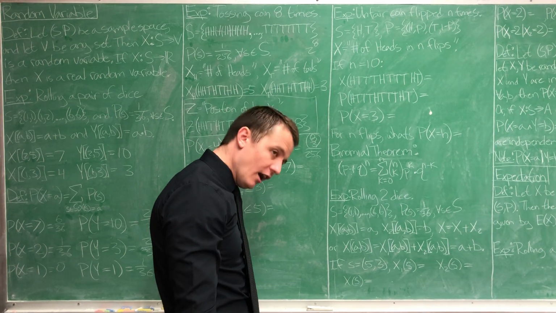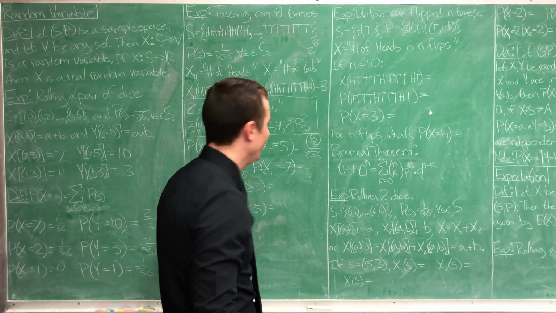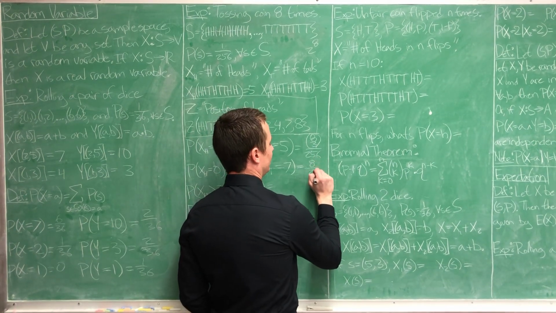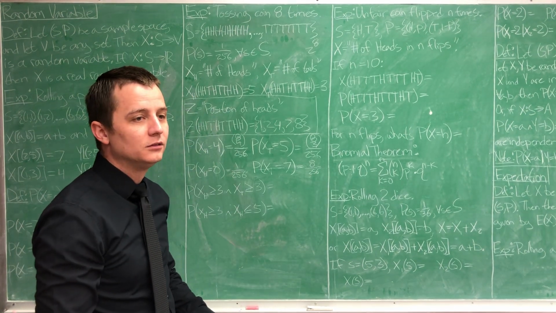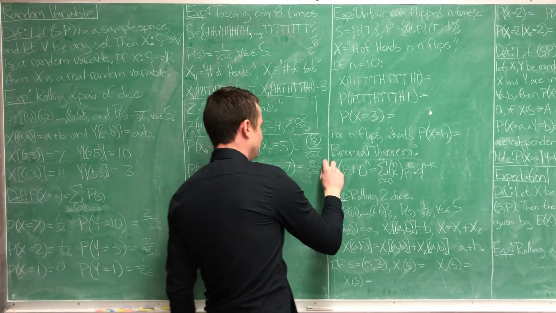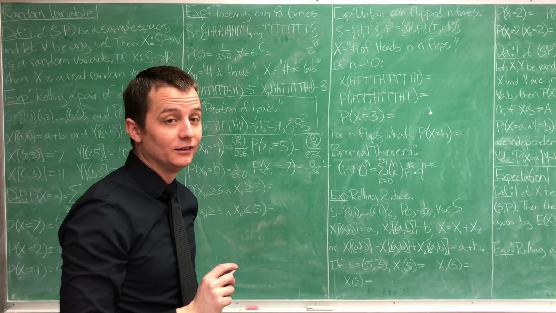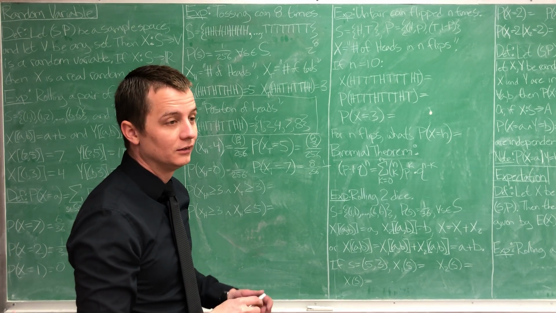How many 1 element subsets can I create from an 8 element set? 8. So this is going to be 8 over 256. Or in other words, 1 over 64, 1 over 32, or 128.